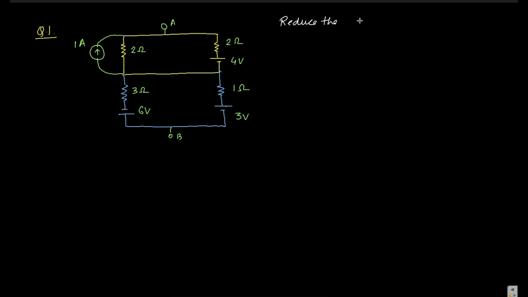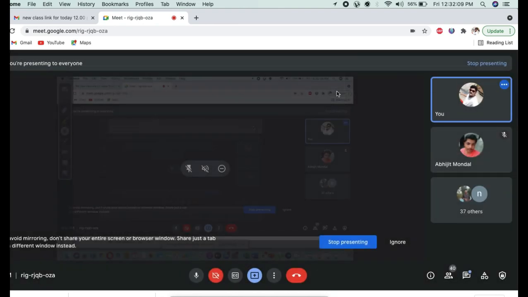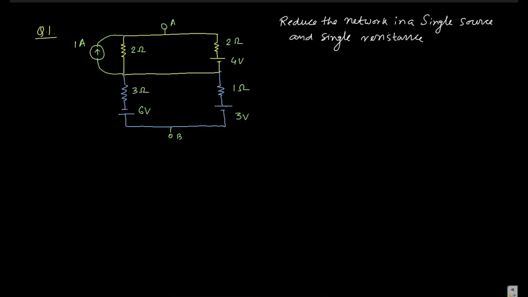Reduce the network to a single source and single resistance. How many resistances and sources are there? There are 4 sources and 4 resistances.